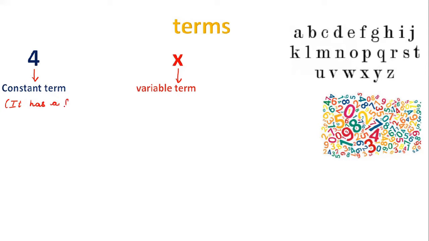Four is called a constant term because it has a fixed value. x is called a variable term because its value varies according to the situation.